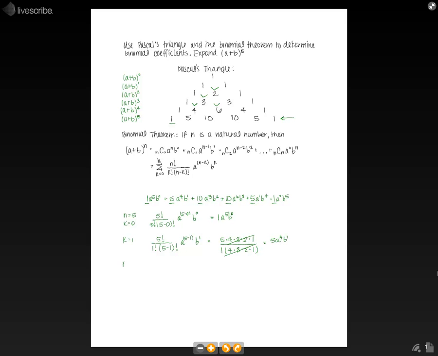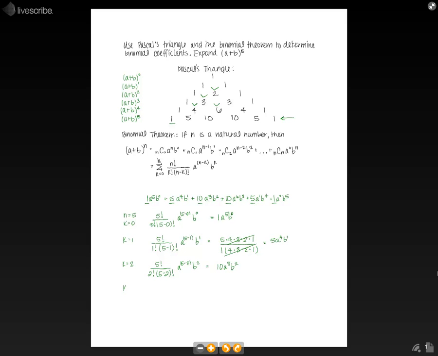Alright, so if we continue on with k equals 2, we're going to end up with 5 factorial over 2 factorial, 5 minus 2 factorial, a to the 5 minus 2, b squared. So if you simplify that, you're going to end up with 10a to the third b squared.